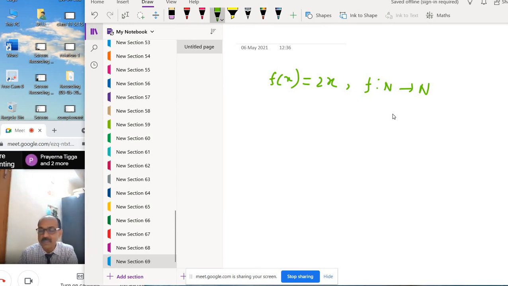So show that f is one-one. So how to show this function is one-one?